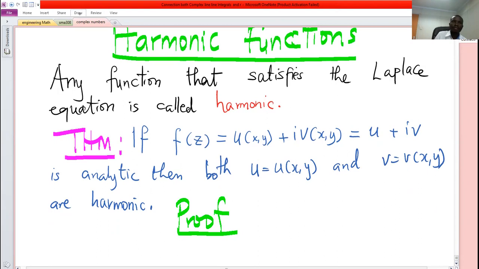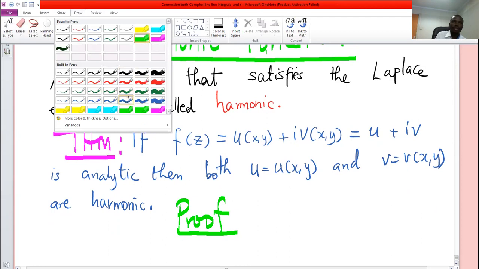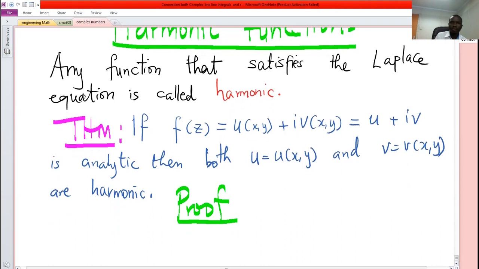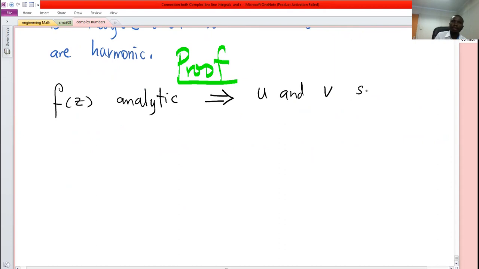The fact that f of z is analytic implies that the function must satisfy the Cauchy-Riemann equations. So f of z analytic implies that u and v satisfy the Cauchy-Riemann equations.